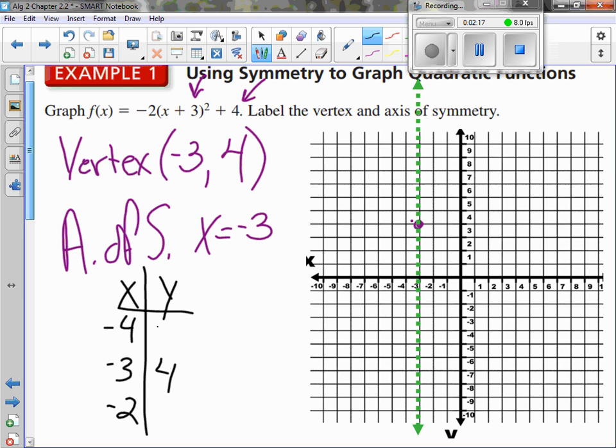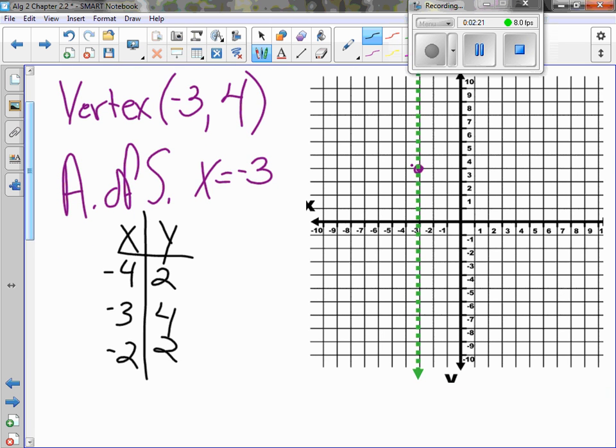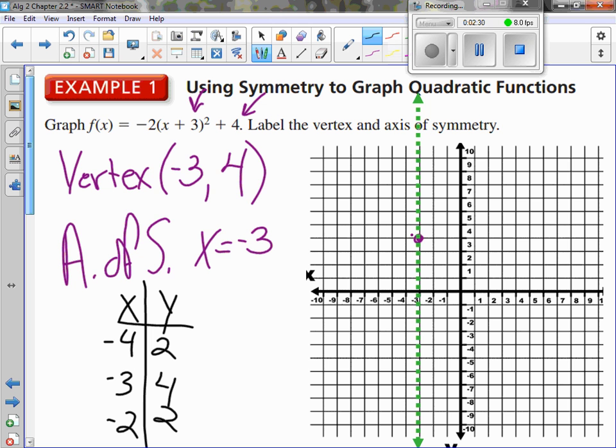And it works out. If I plug it in, I will get 2 and 2. I'm just doing this quickly to show what happens if we plugged it in, either into the calculator or by hand. Negative 2 parentheses, negative 4 plus 3 squared plus 4.